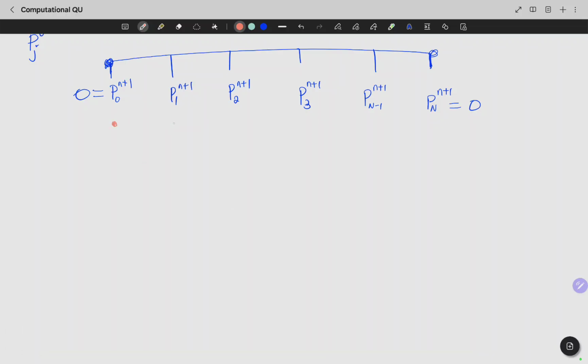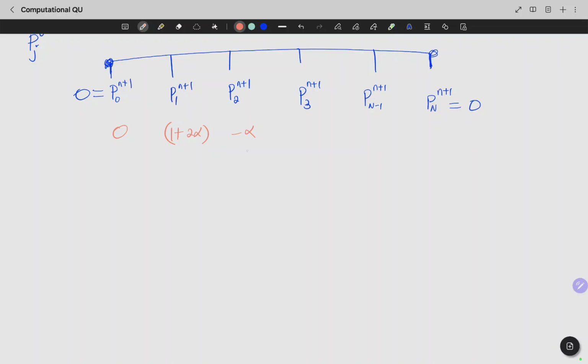If I'm here, I cannot have this guy because I have the initial condition. So why don't I start here? When I start here, I'll have 1 plus 2 alpha, minus alpha, and this would be 0 because I already know that one.